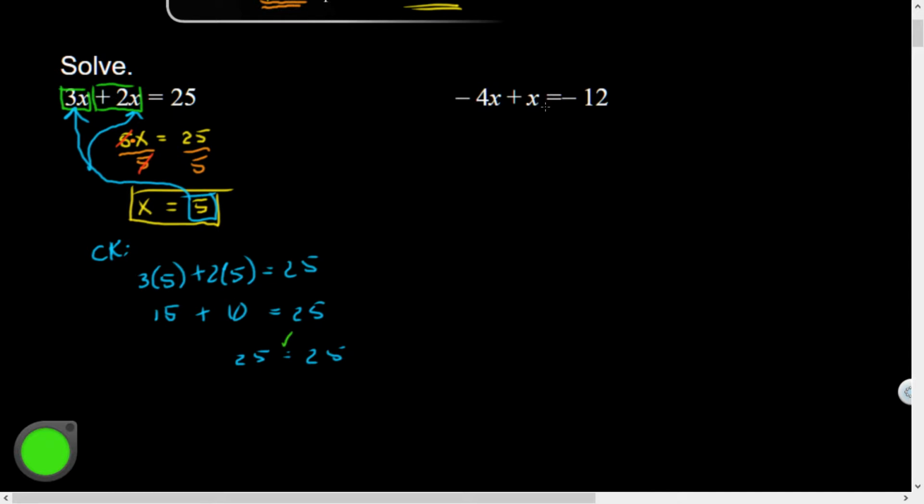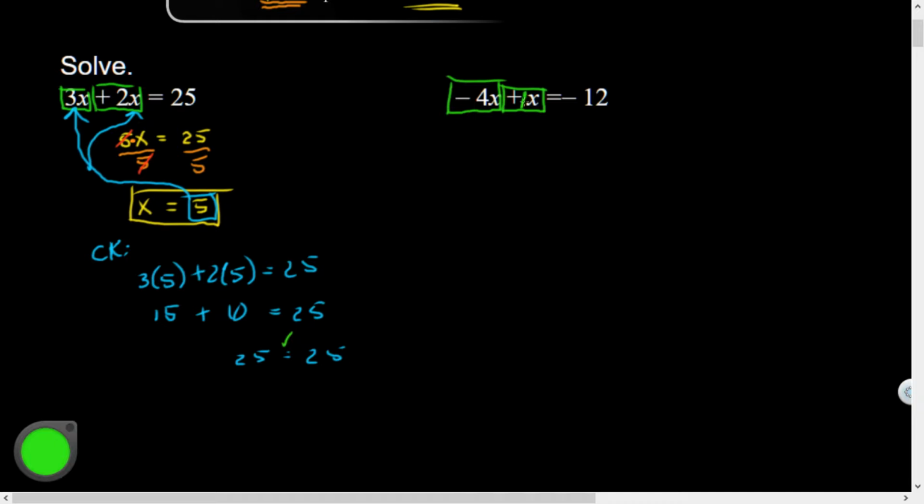So step 1, simplify. Are there any like terms on the left or right-hand side? Yeah, so I've got negative 4x's plus 1x.